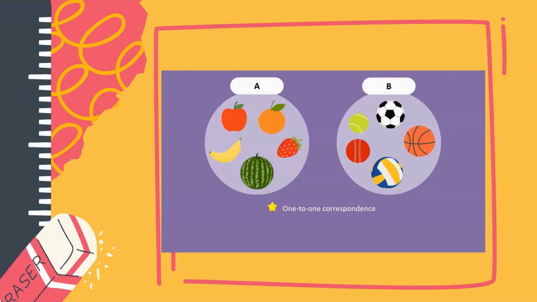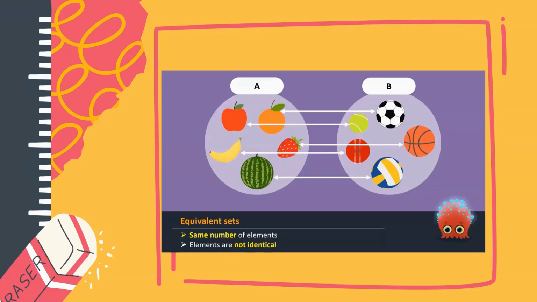This means that for each element in A, there is a corresponding element in B. We can use these double-headed arrows to indicate one-to-one correspondence between the elements. Sets with the same number of elements, where the elements are not identical, are called equivalent sets. Therefore, sets A and B are equivalent.